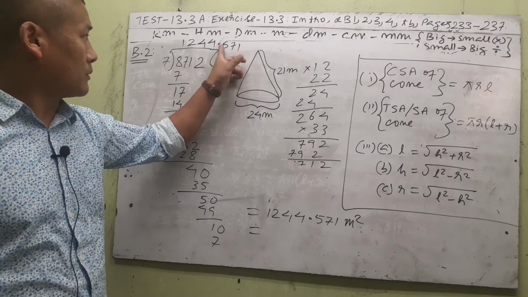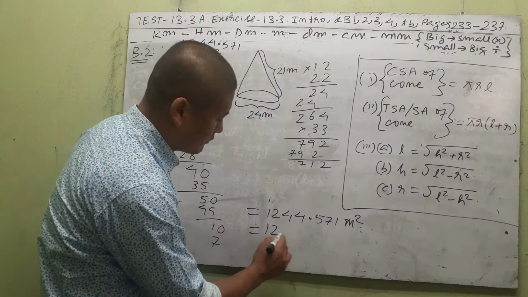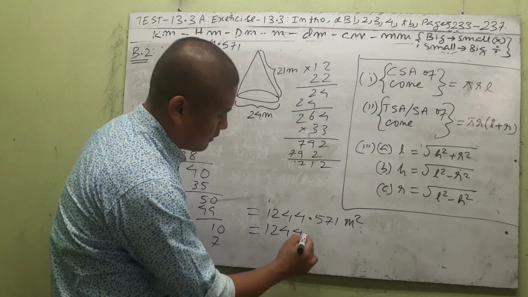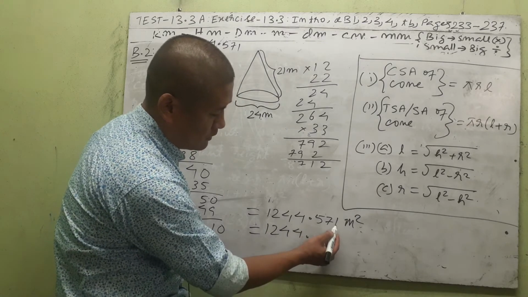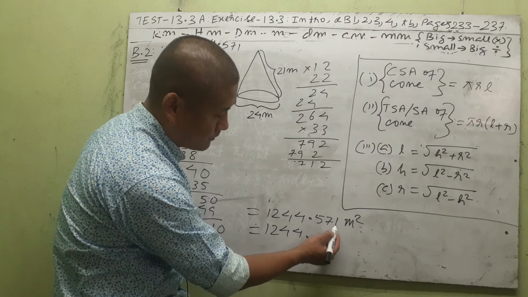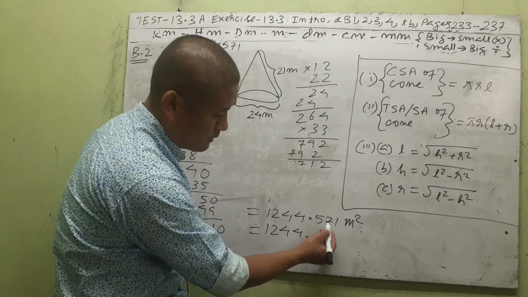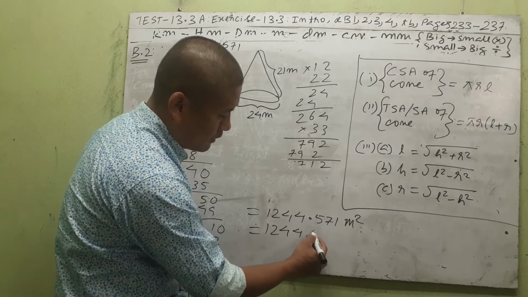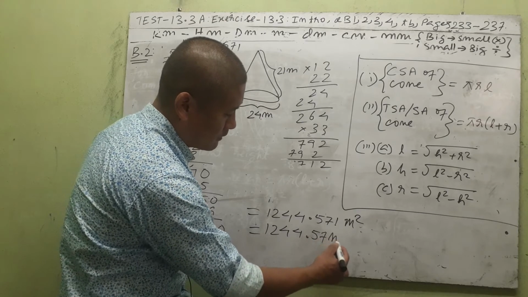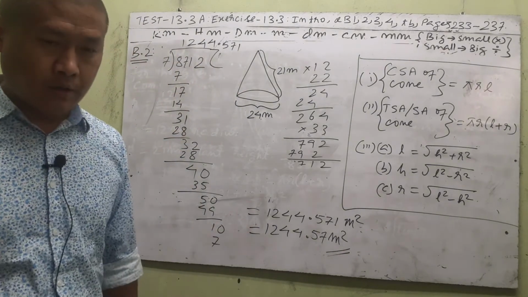After point is called decimal on the right side. Then final answer should be second place, means we look at the third place of decimal. If it's 5 or greater than 5, the second place just in front of it will increase by 1, it will become 8, but here it is less than 5, so nothing will change. 1244.57 meter square. That's our answer for total surface area.